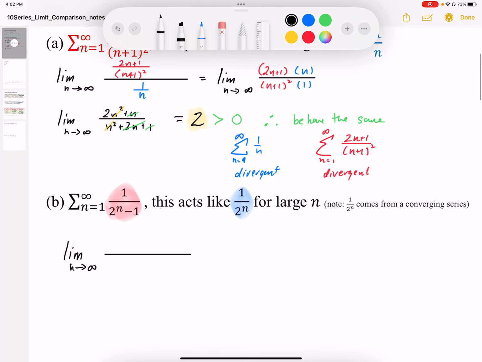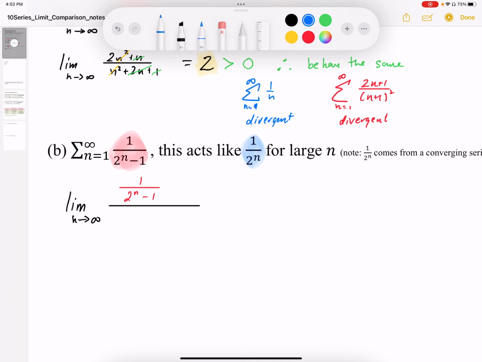For example, if I flipped it around, it would equal 1/2. However, 1/2 is still greater than 0, so we still come up with the same conclusion. If you want to switch it up, you can put the blue on top and the red on bottom, but I'm going to keep the unknown on top and put the known series on the bottom.